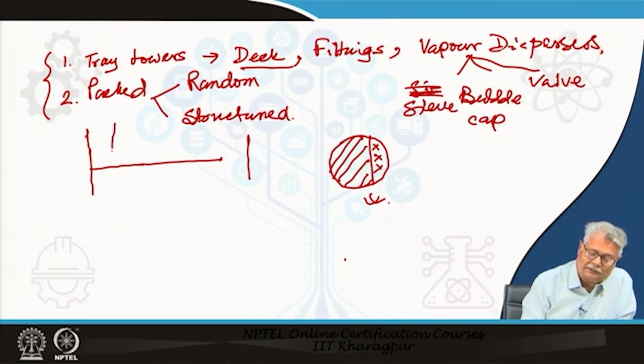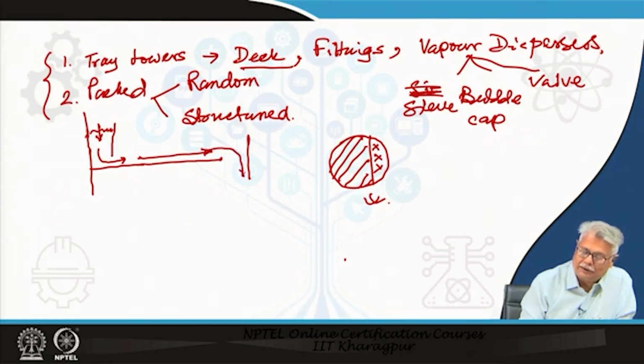On this, we have the downcomer of the upper tray coming and ending with a gap here. So the liquid pours in, and there has to be a liquid level here. The liquid falling on this tray has to come out of this opening, flow across the tray, and then finally use the downcomer of this particular tray and go to the tray below. So, this is our tray deck.